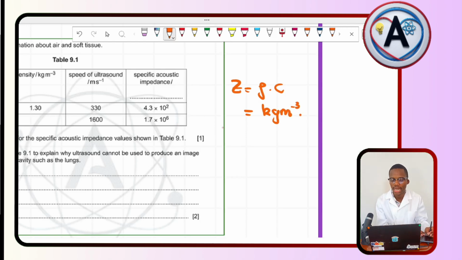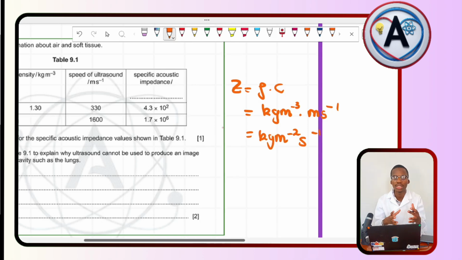The units for speed of sound are m s to the power of -1. So this is going to give you kg m to the power of -2 s to the power of -1. And this becomes the units for specific acoustic impedance. So it's going to be kg m to the power of -2 s to the power of -1. And that's going to give you the units that you need.